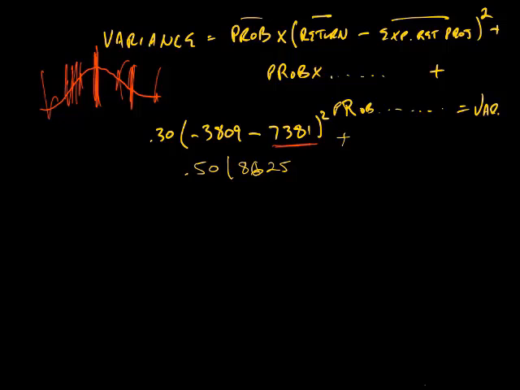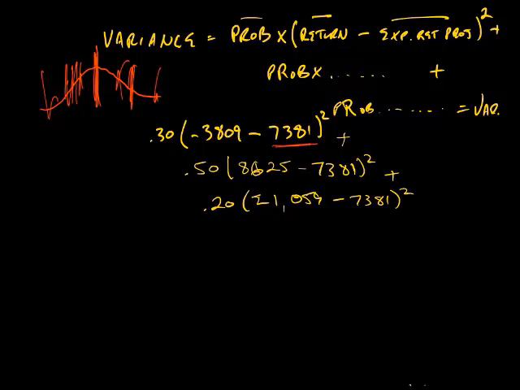And that's going to be minus 7,381 squared plus 0.2, and the expected value for the best case scenario, not the most probable, was around 21,000 and $0.59, minus 7,381 squared is going to equal variance.